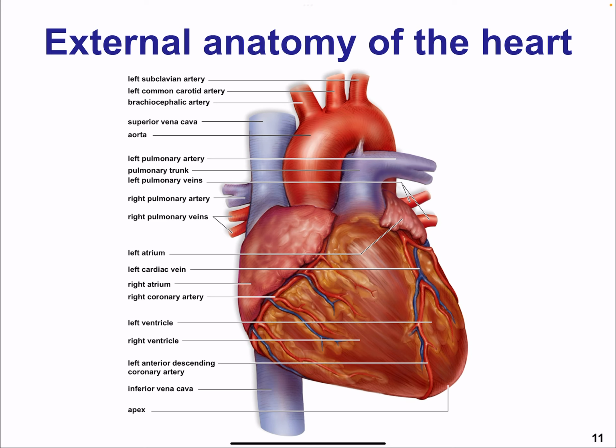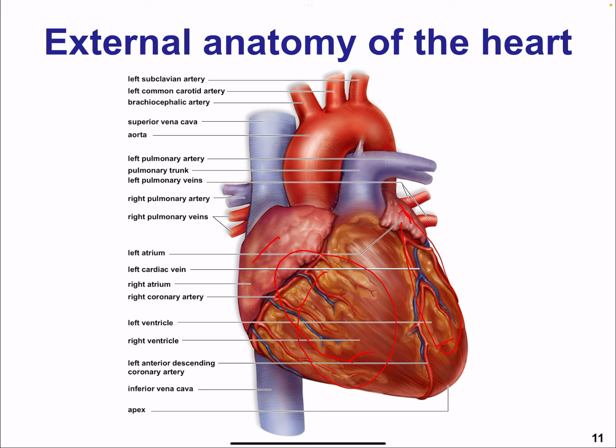So this slide is really to show you a graphic representation of the heart, right? With the right side and the left side. So we're going to have the top chambers, the atria, right here. We're going to have the lower chambers, the ventricles, right here.